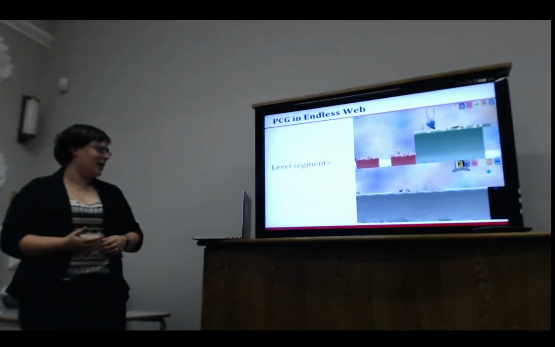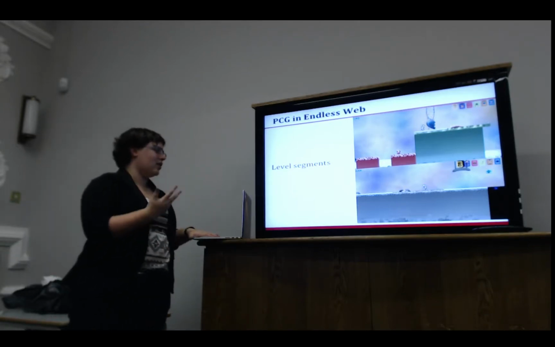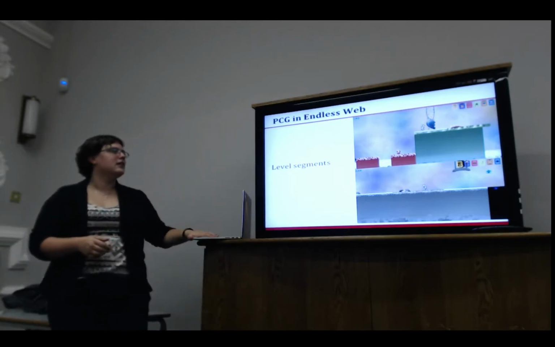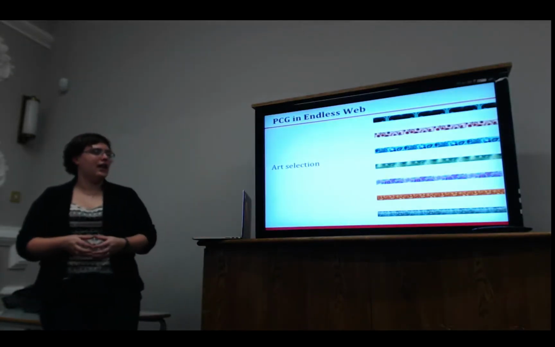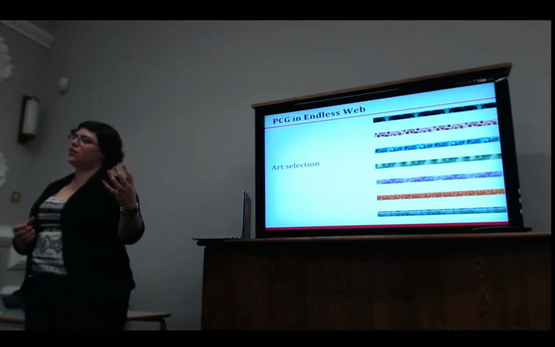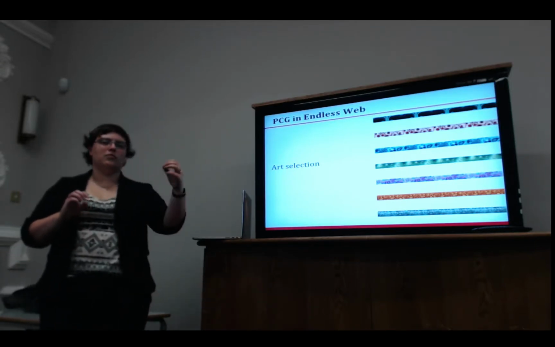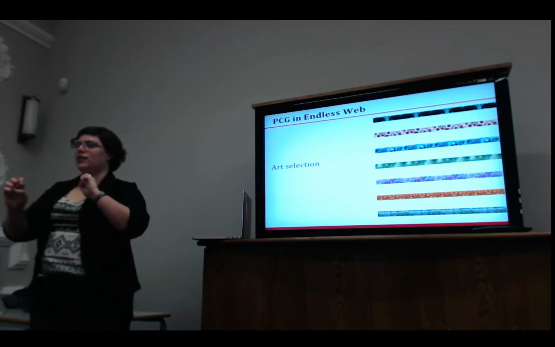There's really three main things that are being generated in Endless Web. The level segments, obviously, that's what we've talked about so far. Art asset selection, so each dreamer has its own collection of art assets associated with it, and it'll try to intelligently choose art assets to place into the world.